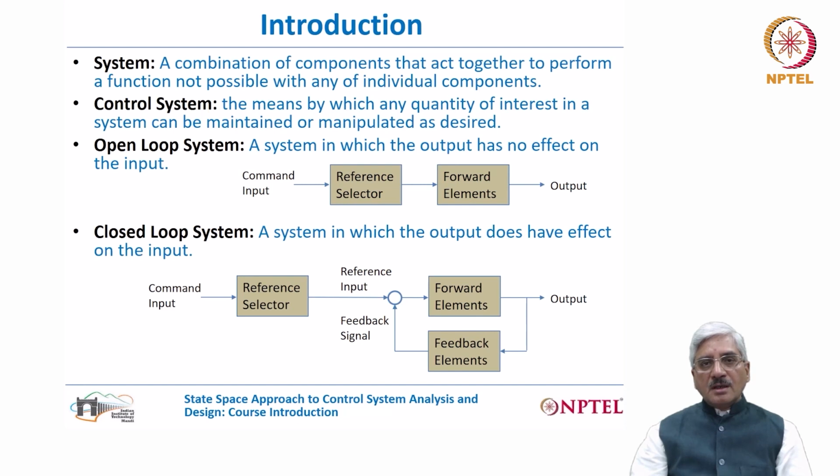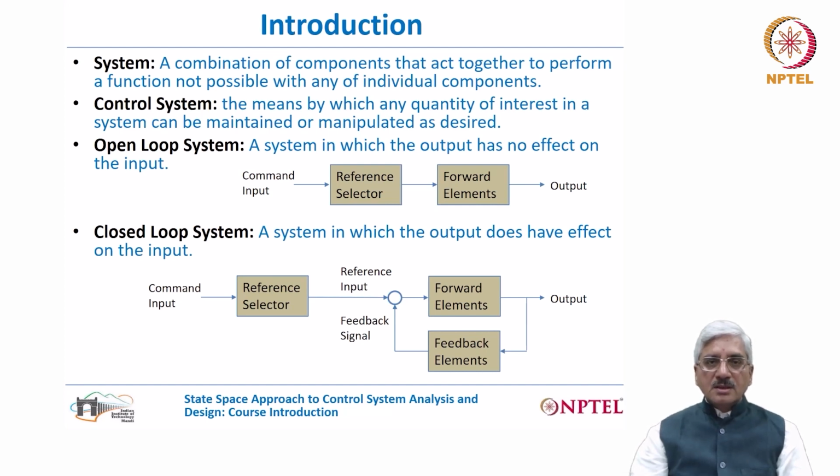For example, in an electromechanical system, there will be an electric circuit, a magnetic circuit, and some mechanical moving parts. So in the real life situations, we have to deal with systems which are far more complex than what we study in textbooks.